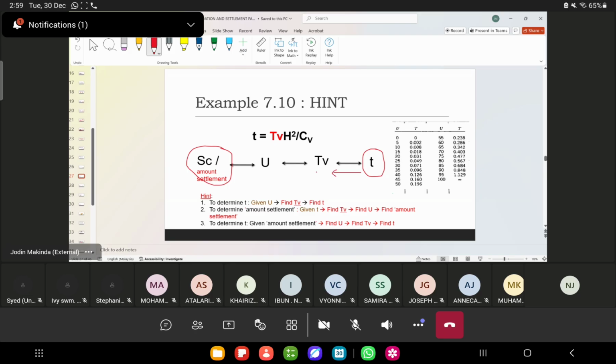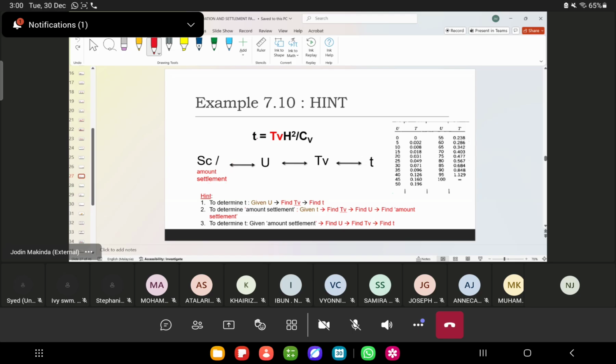And then you use time factor to calculate U, which is the fraction of consolidation. And then you use U to find SC in that direction. So easy. If you know this method, you can solve any problem related to rate of settlement.